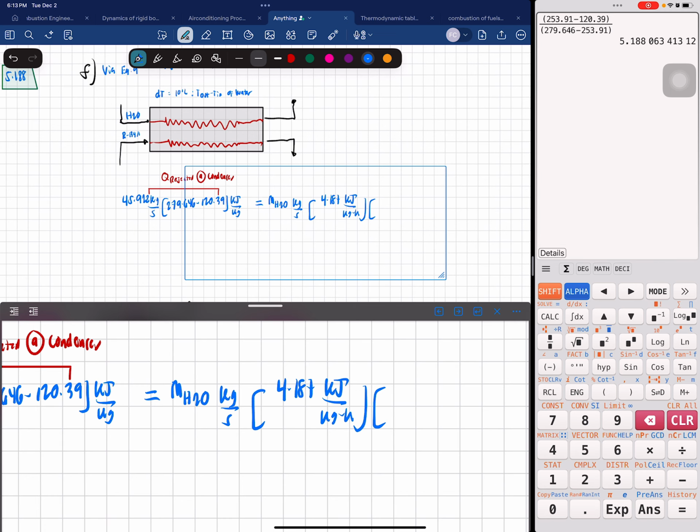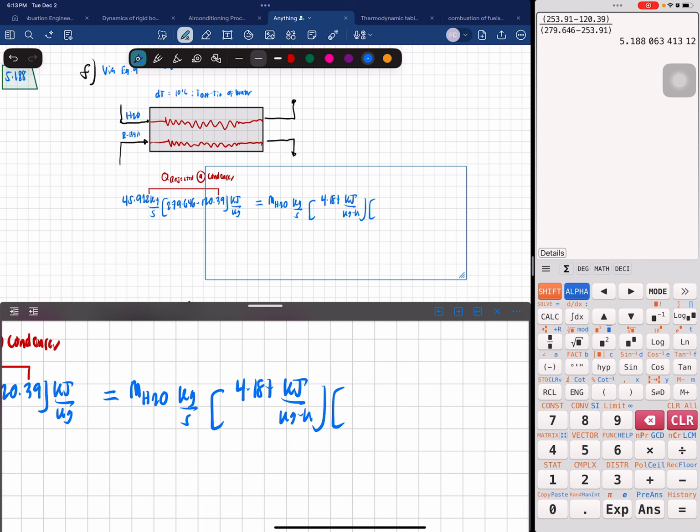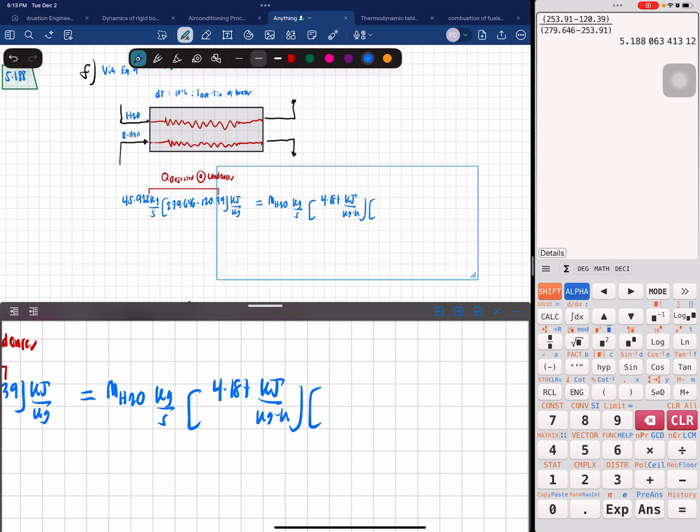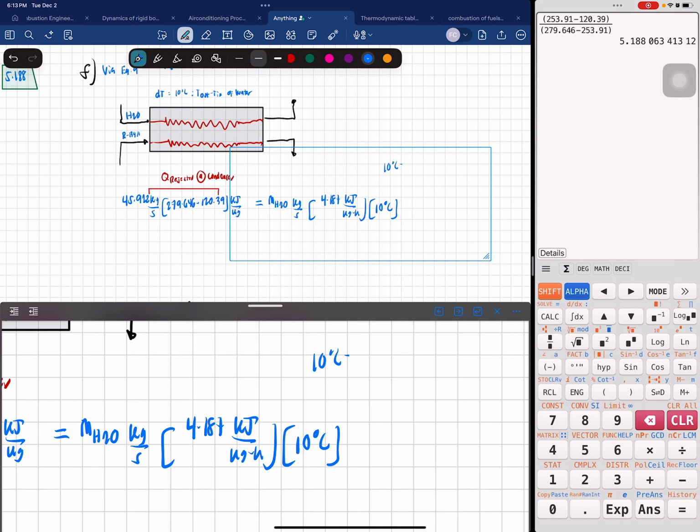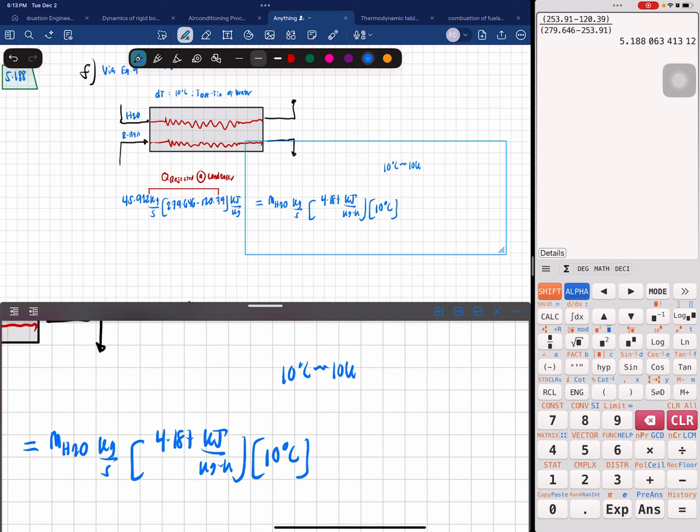And remember that it's a temperature change, so 10 degrees Celsius will be the same as 10 Kelvin.